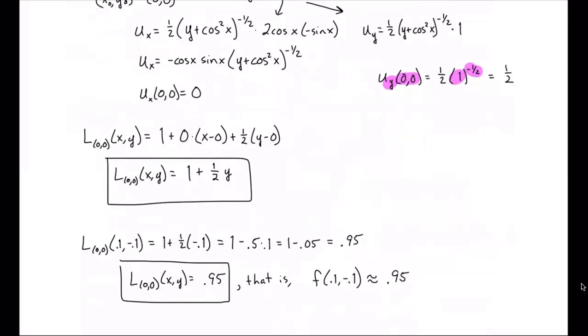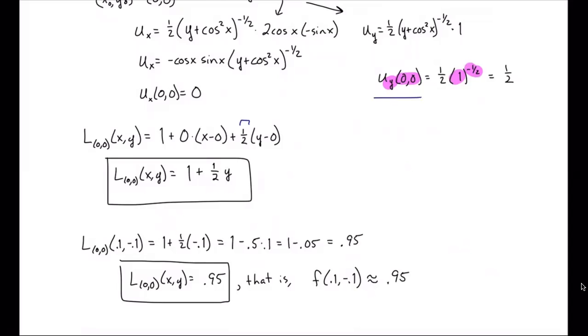Then we have the partial derivative of f with respect to x evaluated at (0, 0), and that came out to 0 as we saw just above. Similarly, it's times x minus 0, 0 being x naught. And then we have 1/2, that's the partial derivative of f with respect to y, that was over here.